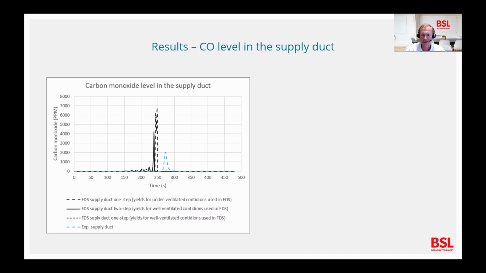If we first look at one-step simple chemistry and yields based on well-ventilated conditions, it's hard to see here, and the lines are more or less flat. But with this setting, we do not capture the spread of CO at all.